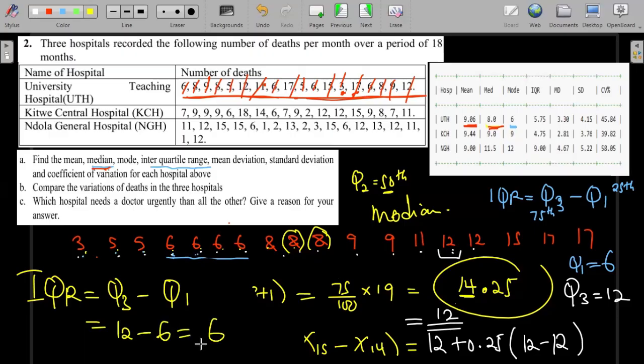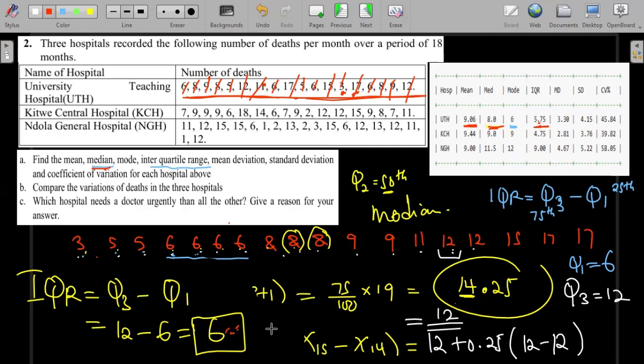So here I find 6. I don't know why I found 5.5 here, because it's supposed to add up with whatever I was finding there. So in this case, we find 6. So we've shown how to find this 6. So I'll correct this part here.